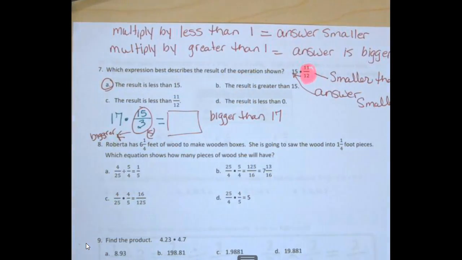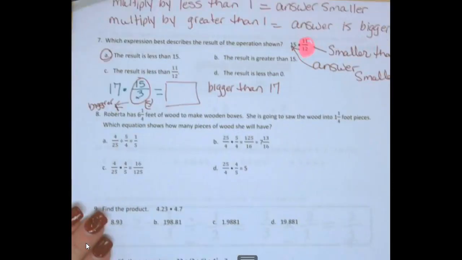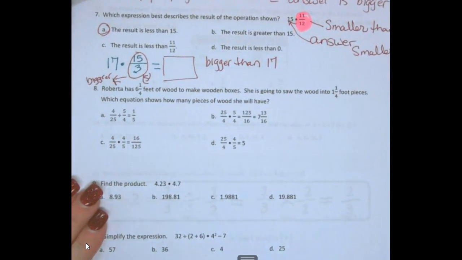So number 8, Roberta has 6 1/4 foot of wood to make wooden boxes. She is going to saw the wood into 1/4 pieces. Which equation shows how many pieces of wood she will have? So think about it.